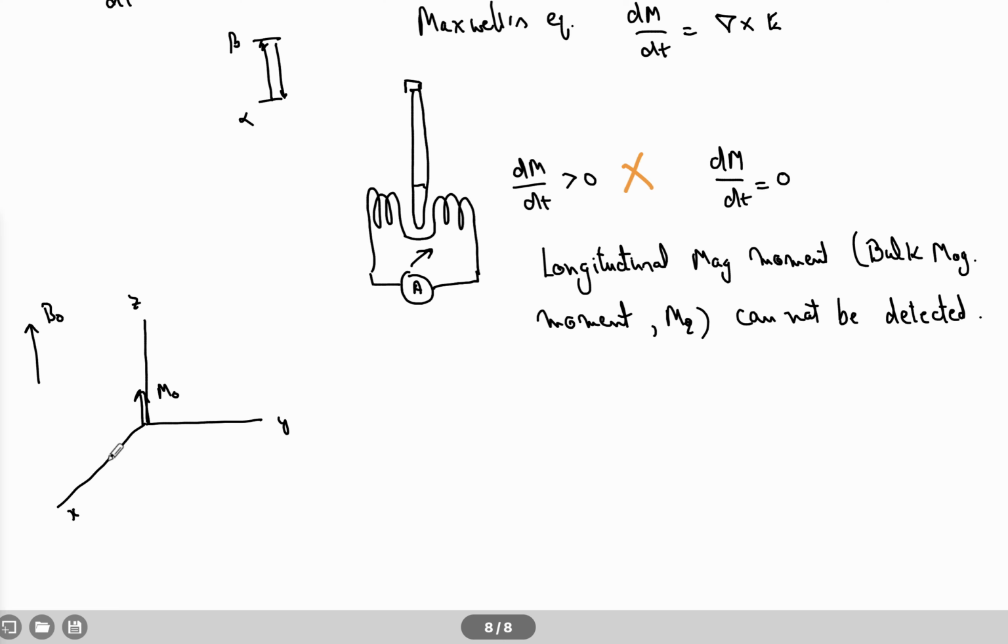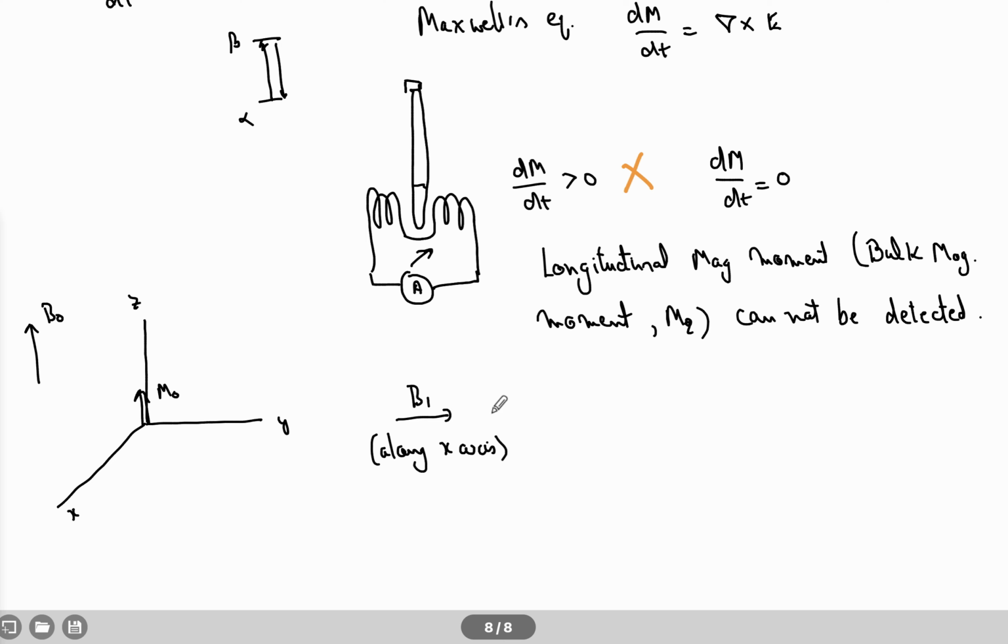So let's say you are applying along the x-axis a field, let's call it B1, which is the field applied along the x-axis. This is also called a radio frequency pulse, or RF pulse, or oscillating magnetic field.